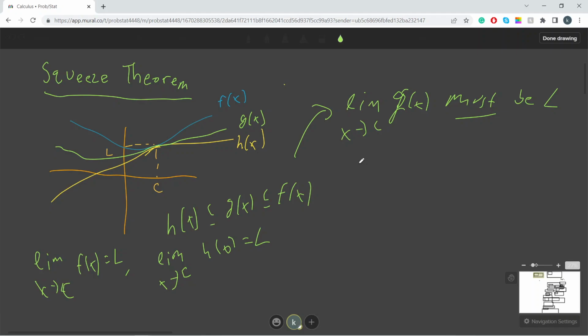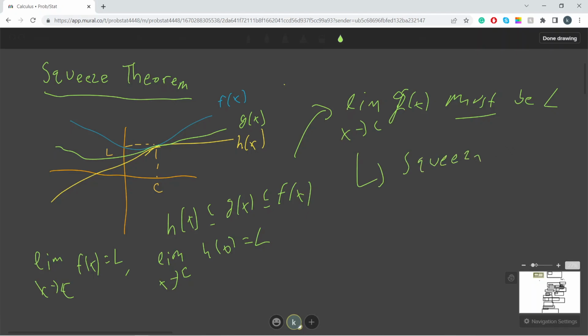And also, the demographic is mainly targeted toward people who are trying to refresh calculus or learn calculus. So I think the real takeaway for the squeeze theorem is just knowing intuitively what it is and being able to use it. So this concept that you see is called the squeeze theorem.